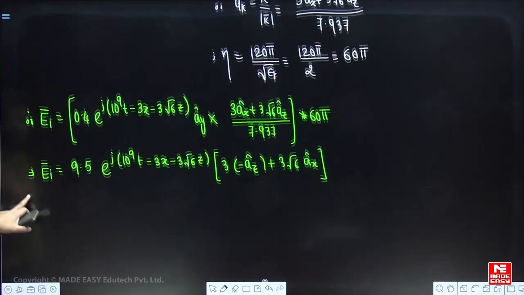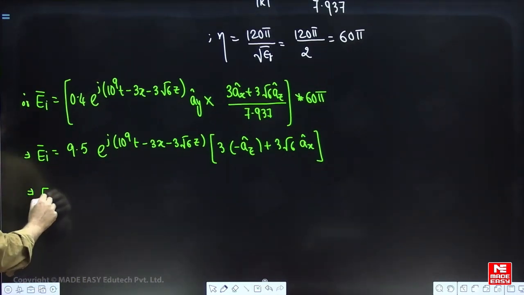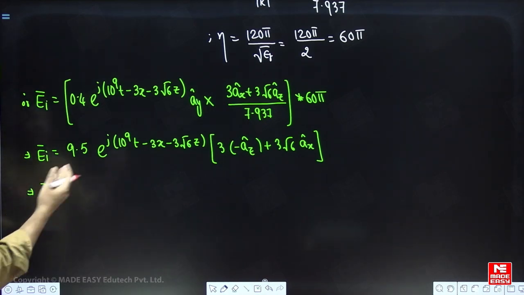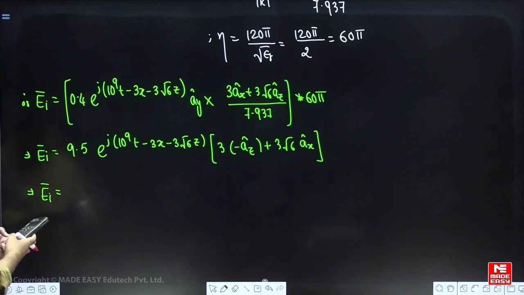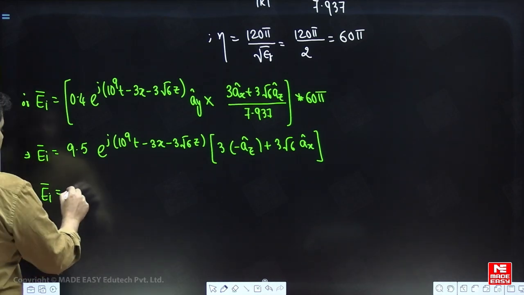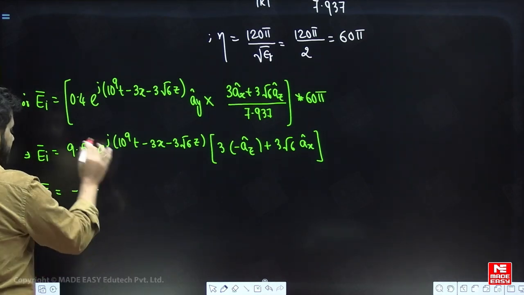Correct. So incident electric field EI is equal to, I am writing approximately because we will compare with the actual options. It is coming around 28.5, so I just approximated.